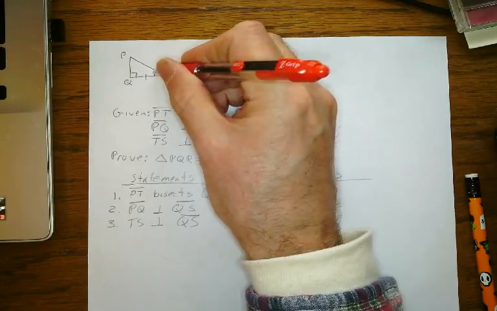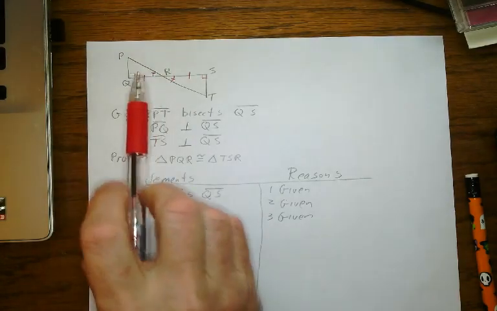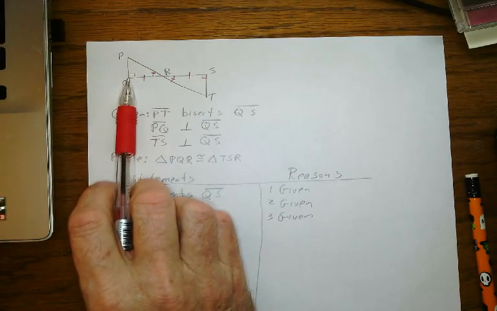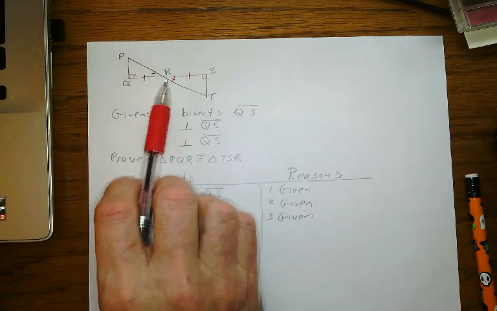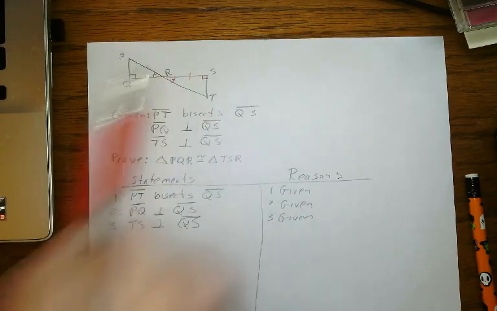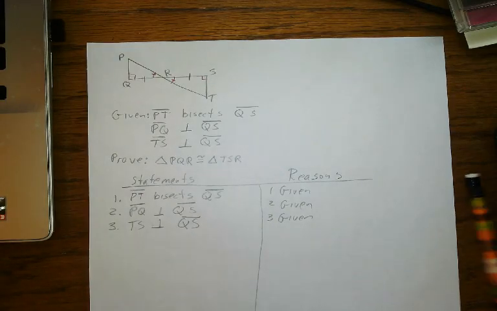And those angles are congruent because of vertical angles. And so these two triangles are congruent by angle, side, angle. Just doing that part right there, marking the diagram up, I will give you some credit. So let's finish this proof then.